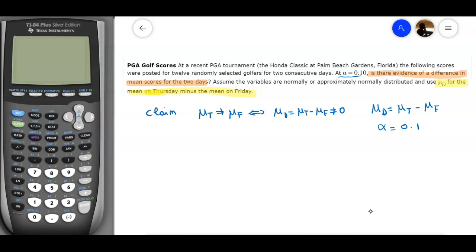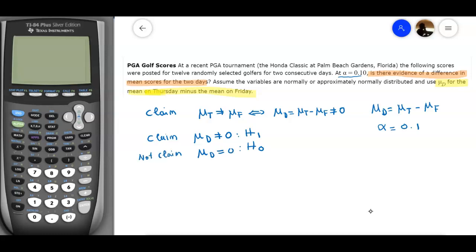To make it simpler, the claim is mu d different than 0, and because there is a different sign here, this will be H1. Now the null hypothesis, which is H0, would be the complementary statement, which is mu d equals 0, and this is not the claim.